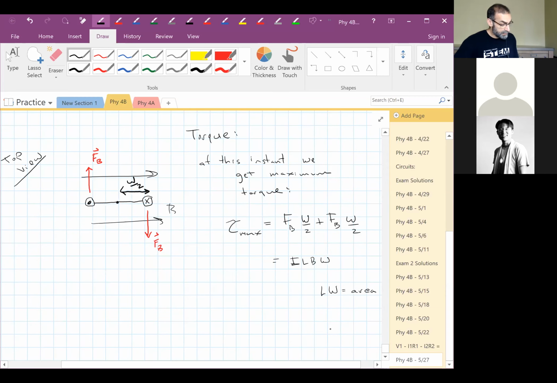It's the area of the loop. It turns out that always shows up here. So this is I times the magnetic field times the area of the loop.